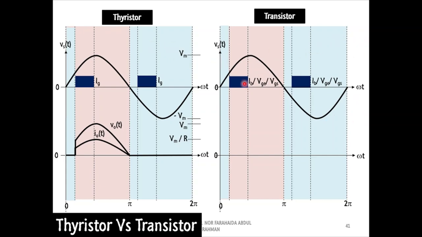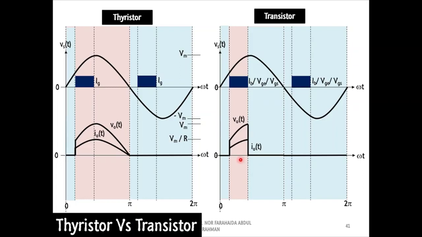Based on the gate signals, the wave shape of the output current of the transistor will be like this. Eventually, we can sketch the output voltage waveform like this.